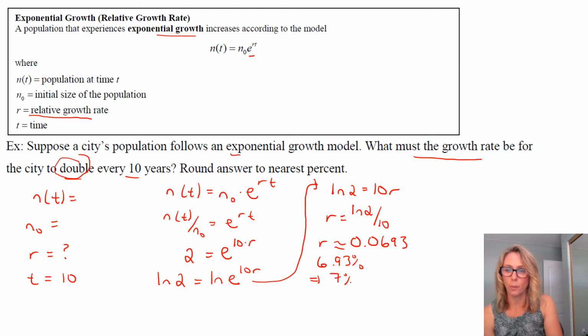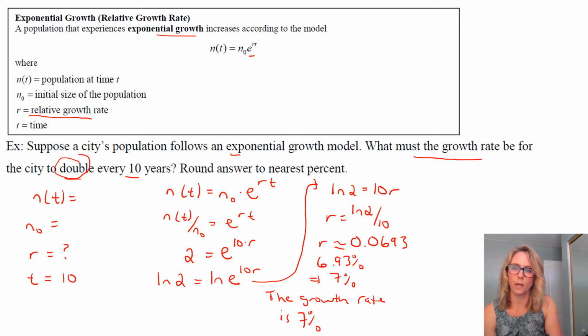So I'm going to say 7%. That's actually a really high growth rate. You don't really see growth rates that high with populations, but you know, this is just an example. So the growth rate is 7%. And so that's an example of an exponential, but not a plug and chug, actually having to do some solving using ln.